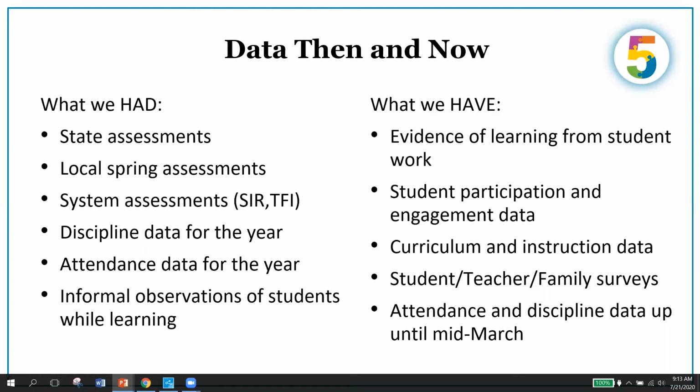There are some very rich data sources from remote learning that we can collect, analyze, learn from, and use to inform decision-making. For example, we now have evidence of learning from student work completed during our remote learning journey. Student remote learning participation and engagement data, information about curriculum and instruction provided while in remote learning, student, teacher, family remote learning surveys, and attendance and discipline data up until March and possibly through the remote learning timeframe.